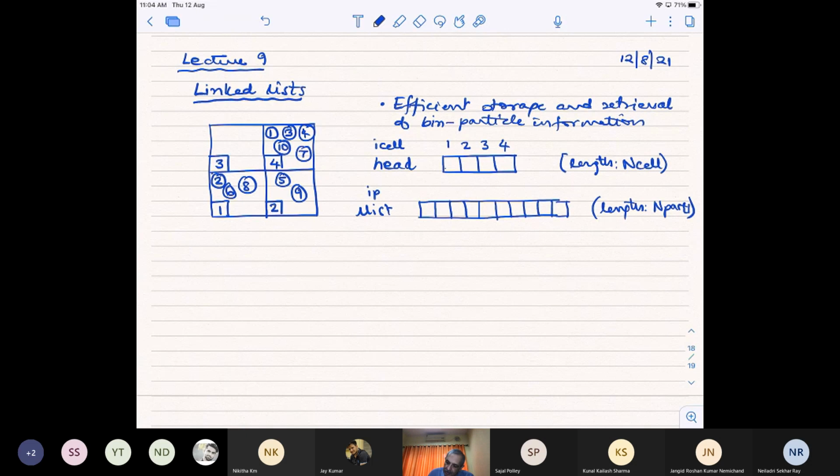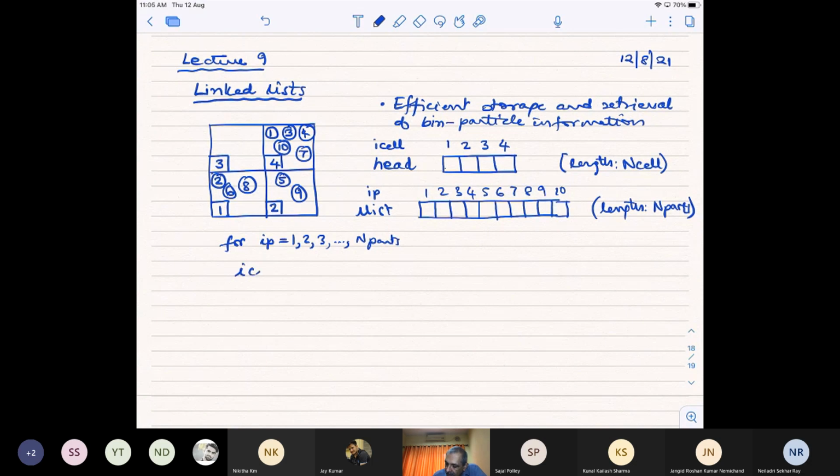So it will be 1, 2, and so on; this is the particle number. Now, what is the algorithm? You consider particles one by one, IP going from 1, 2, 3, all the way up to the number of particles.